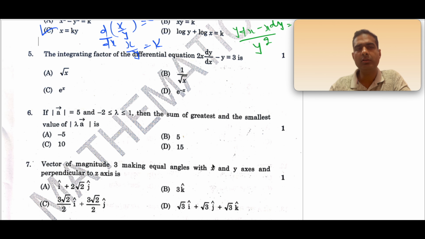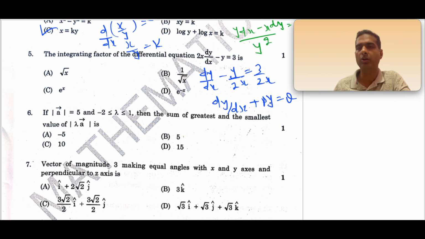Moving to question number 5, the integrating factor of the differential equation 2x dy by dx minus y is equal to 3. If I simplify it a little bit, we can divide it by 2x. So we get dy by dx minus y by 2x is equal to 3 by 2x. This is of the form dy by dx plus py is equal to q, where p and q are functions of x or constants.